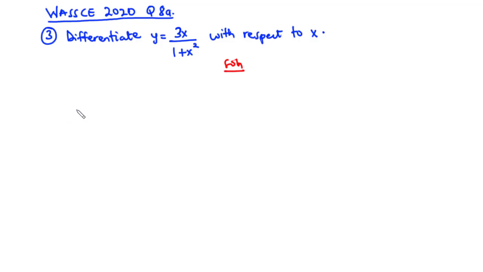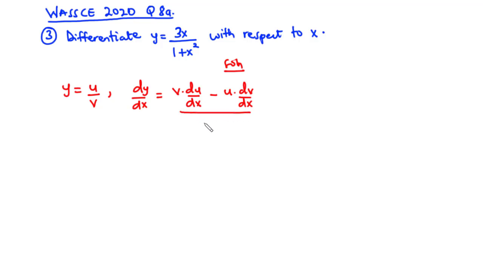Now we are going to use the quotient rule because now if y is a function of x and then y is equal to u over v, where both u and then v are functions of x, then dy dx is equal to v times du dx minus u times dv dx divided by v squared.